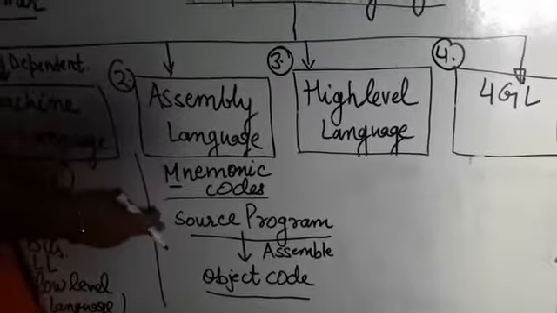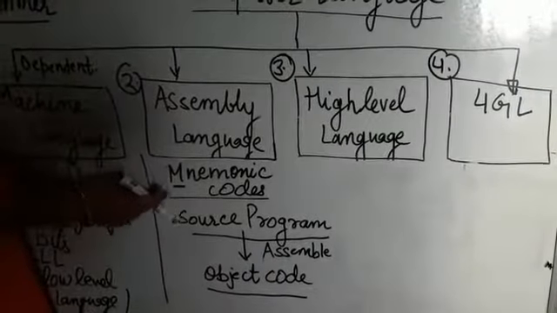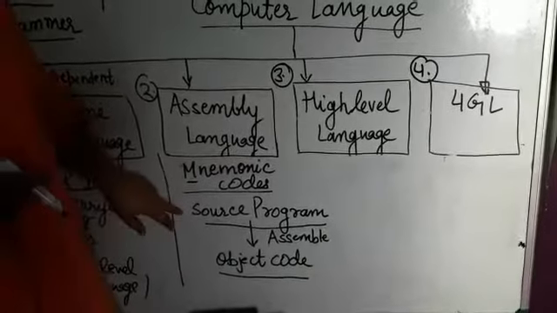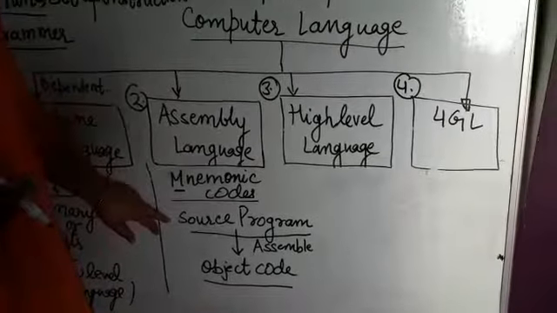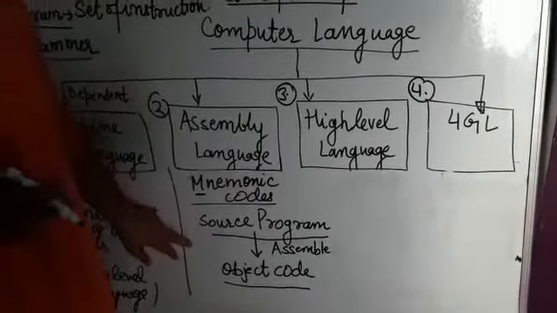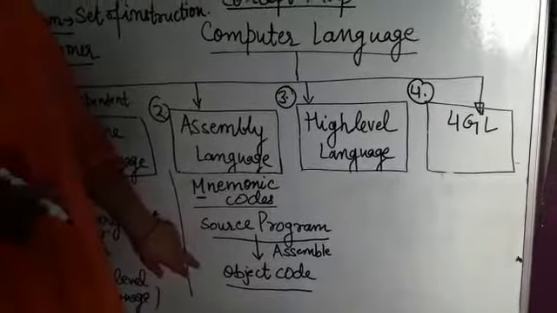The program once written using these codes is known as source program. But you all know that this program is not understood by the computer. Computer understands only 0 and 1. So again it needs to be converted into machine readable form.